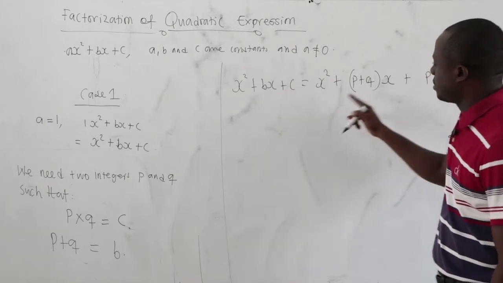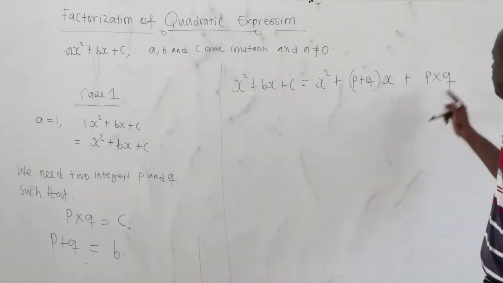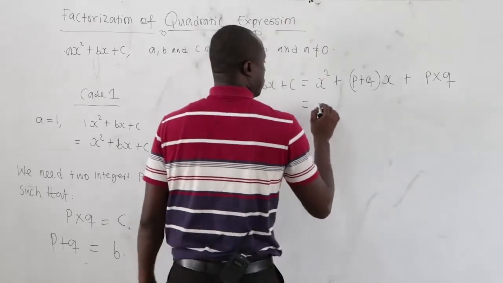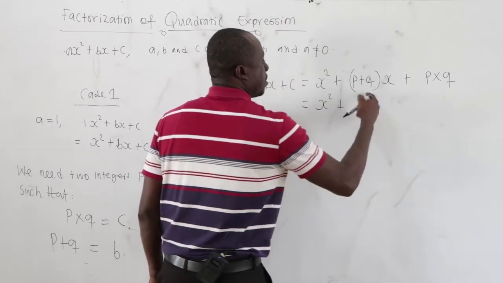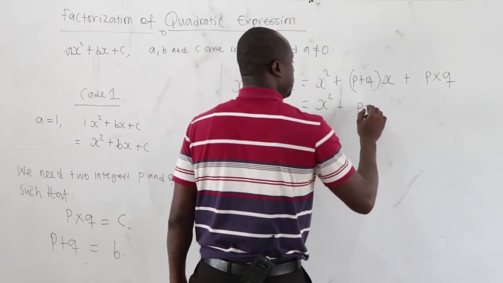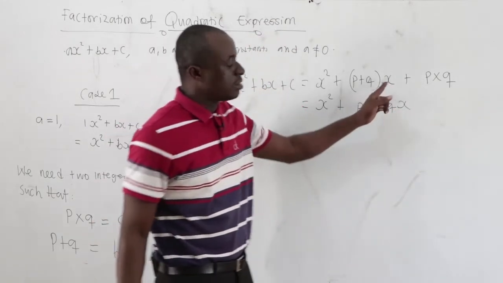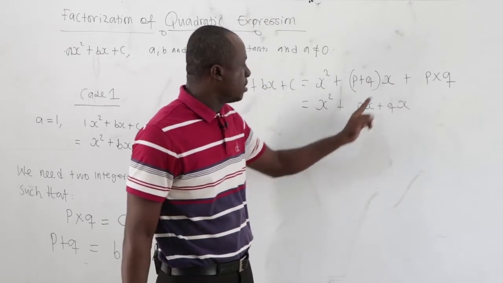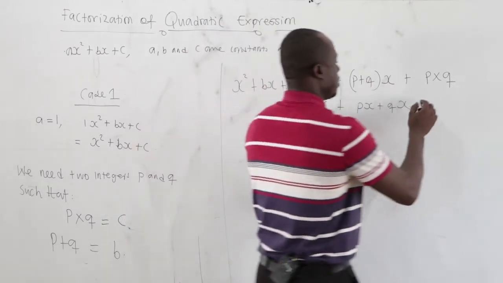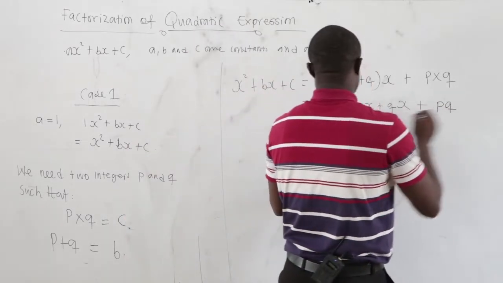Our b is p plus q, our c is p times q. Now this gives us x squared, and then px plus qx. That is using the distributive law, px, and then we have qx. And here will be pq.